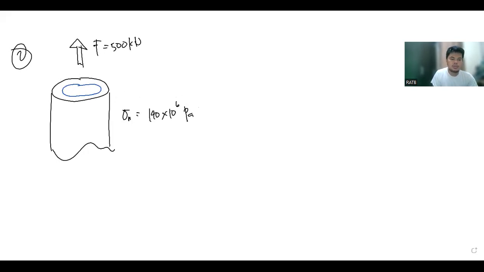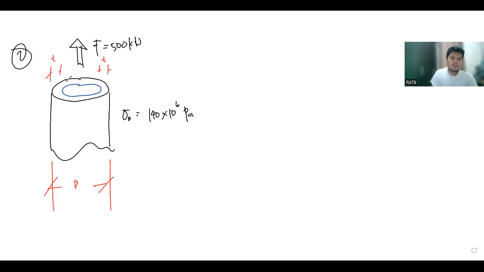The outside diameter is given as variable D. The thickness of the hollow steel tube is 1/10 of the outside diameter, so this would be the thickness, and this also the thickness.